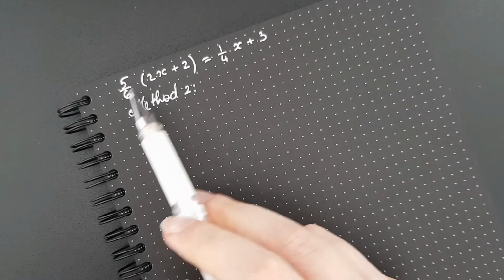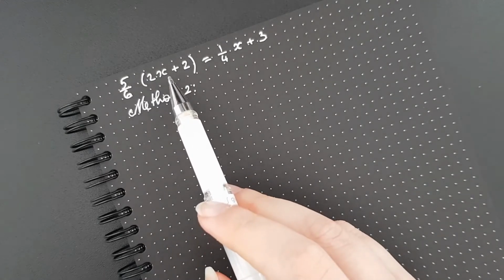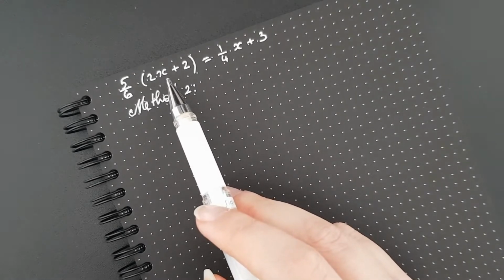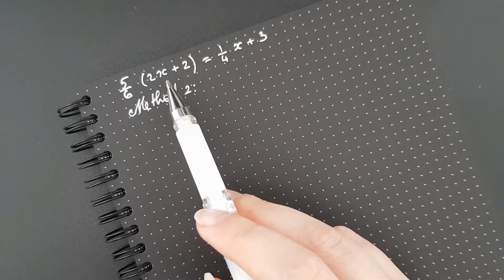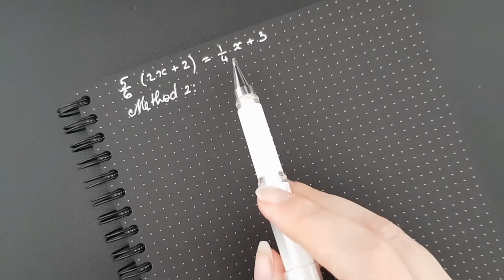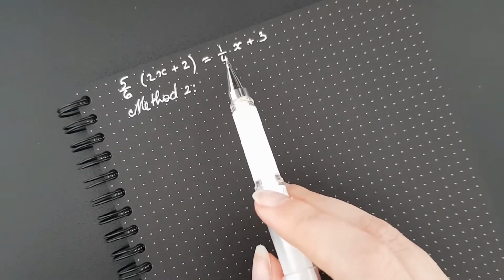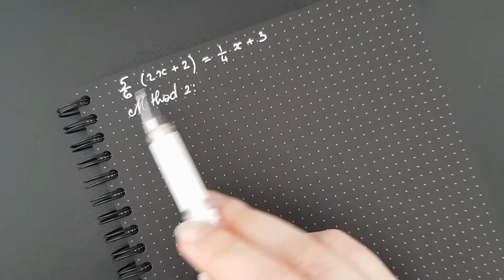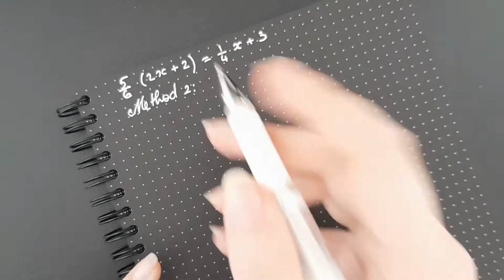So let's say I don't want to multiply and I want to leave the brackets as they are at the moment. So this would mean I want to make the fractions go away. Let's think about this. So I basically want to multiply by 6 on both sides.